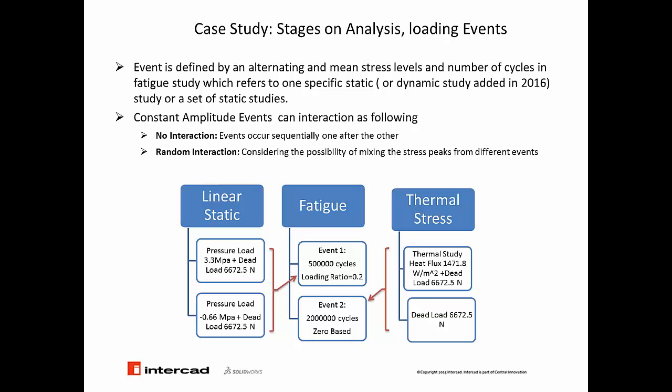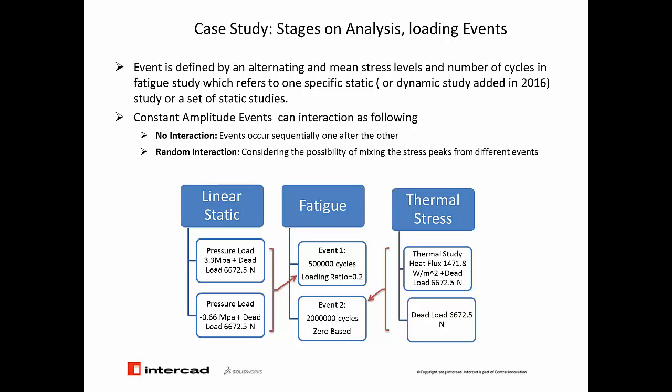So basically, study zone analysis and loading events. Well, we said fatigue study is the repetition of load or alternating stress. Therefore, in any fatigue study, we need some event. That event is defined by alternating and mean stress levels and number of cycles in a fatigue study, which can refer to one specific static or multiple static studies.